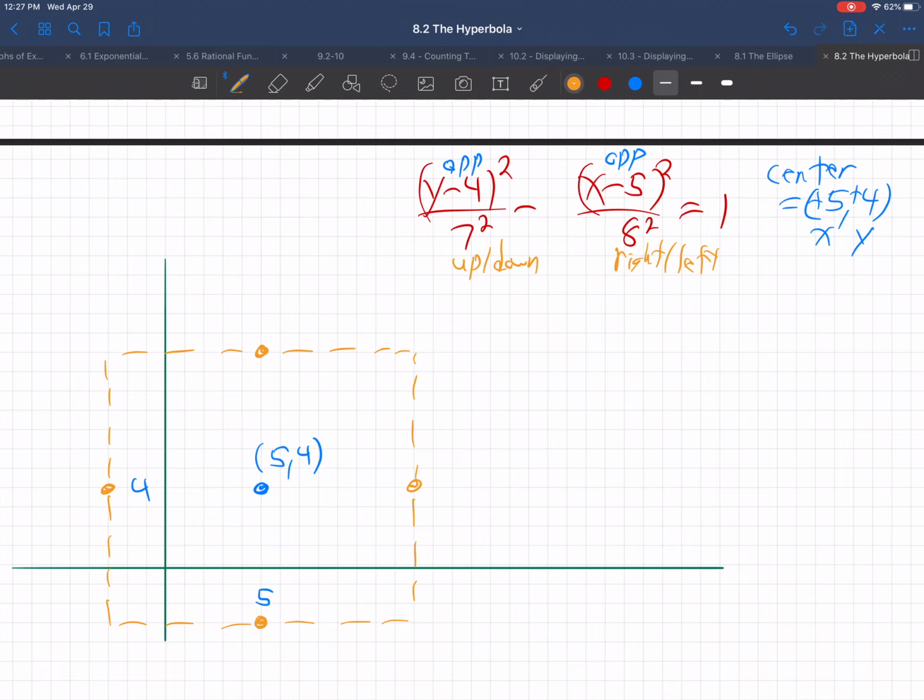There's the dotted box. And now for the asymptote lines, which go from the middle through the 4 corners of the box. Right through the 4 corners of the box.